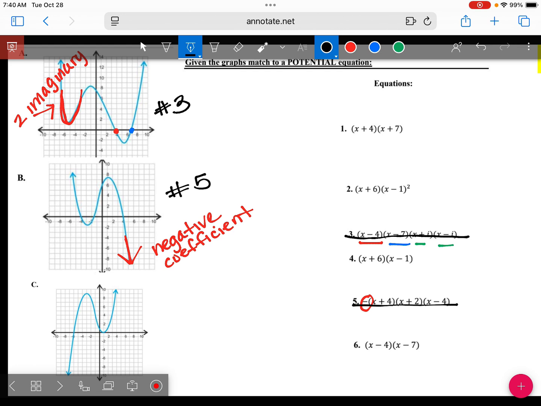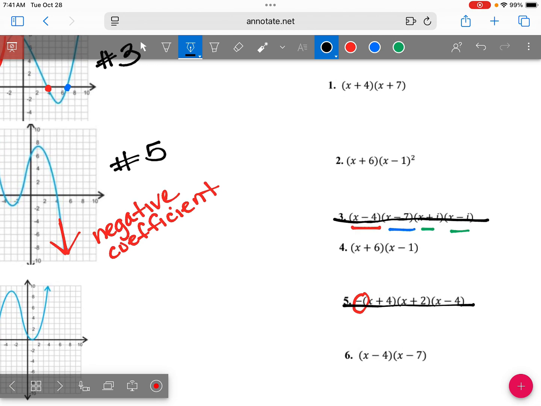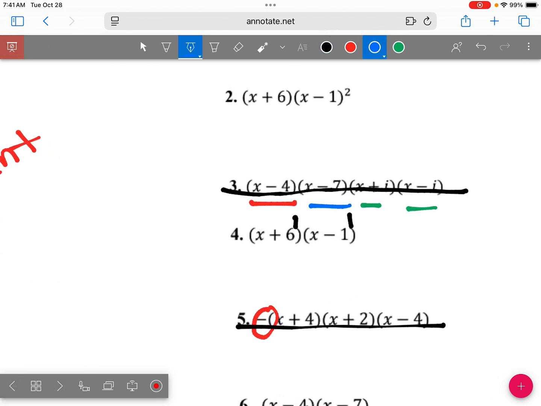Okay. Last one. I hear 4 and I hear 2. Well, we know for 4, this is a second degree. So equation 4 would be a second degree, which is even, which means arrows would be the same. So it's not 4.